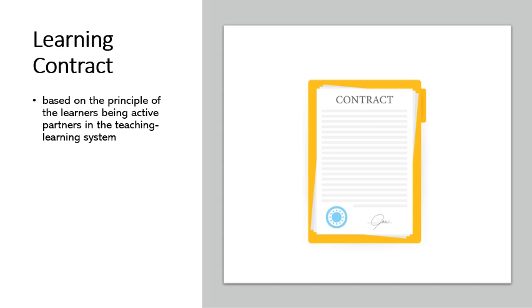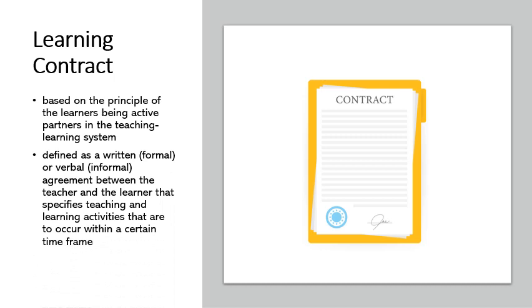Now, a learning contract is defined as a written, formal, or verbal, informal agreement between the teacher and the learner that specifies teaching and learning activities that are to occur within a certain time frame.